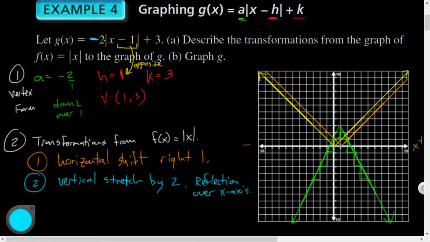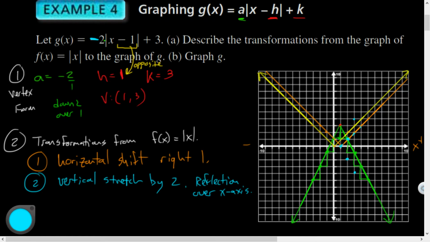All right, 0 doubled is still 0, and -0 is still 0. Here's this point on the original graph, 1 unit high. Double that is 2 high, and then flip it. This point is 2 units high. Double that is now going to be 4 high, and flip it. So down at -4 for that point.